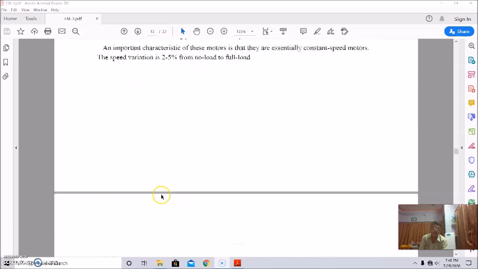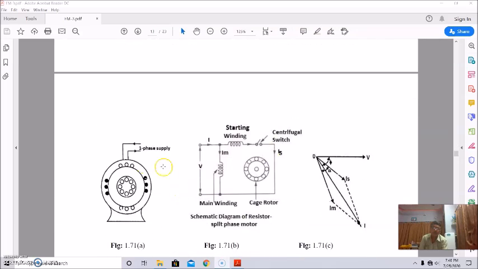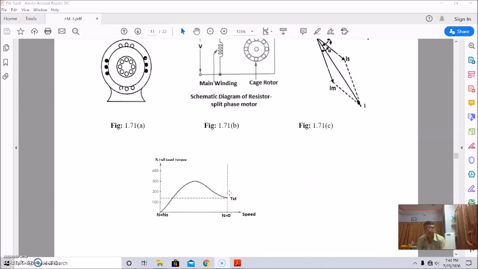This is the schematic diagram of the resistor split phase motor.